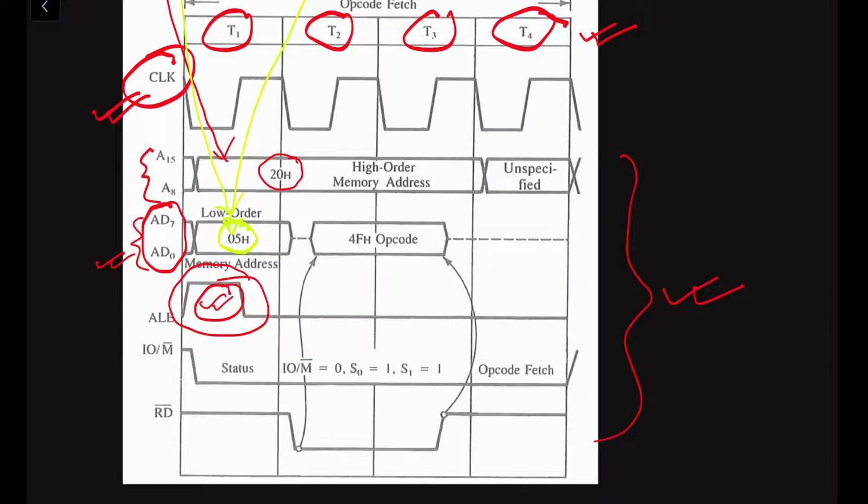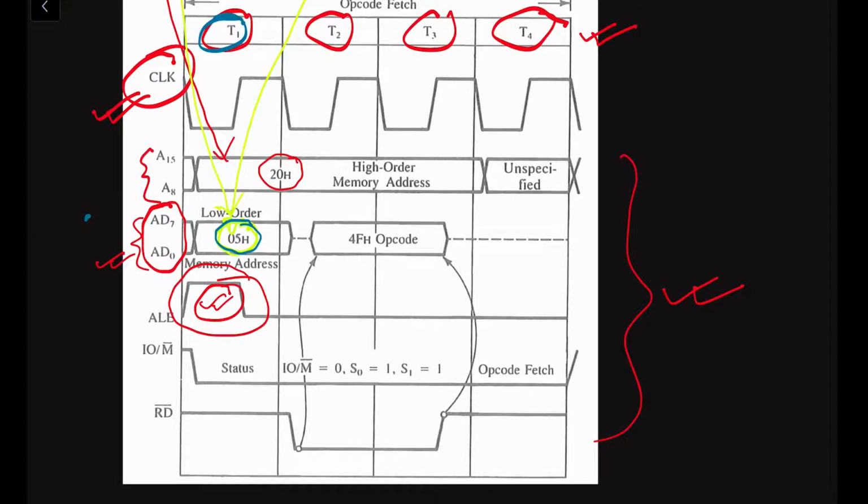During this, 05, the lower order memory address, is loaded into AD7 to AD0. So the processor sends the address value through the multiplexed address data bus as well as the address bus A15 to A8. These are carrying the address for the first clock cycle, that is T1. They both work as an address bus.